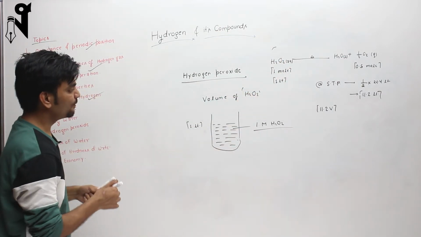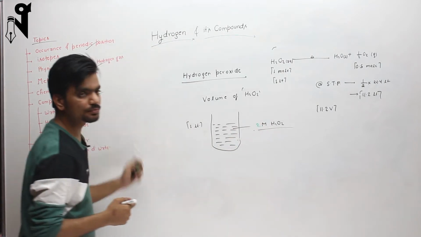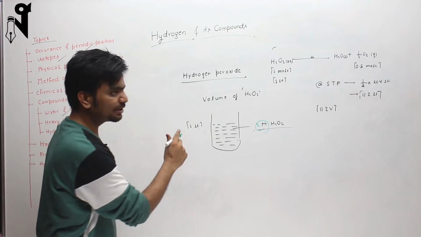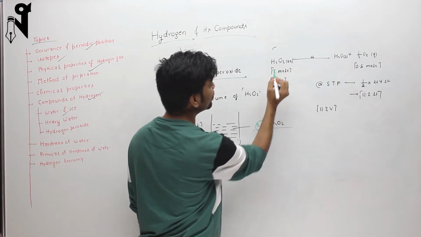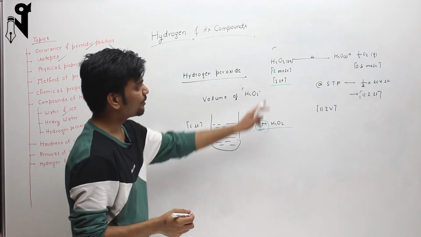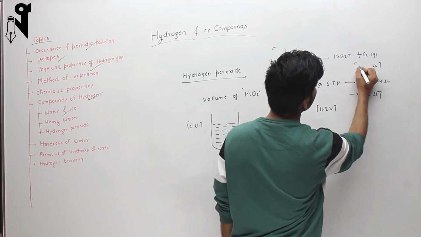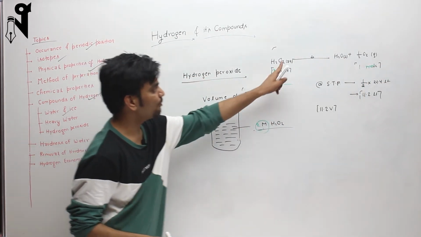If instead of 1 molar, you have a 2 molar H2O2 solution, so 2 moles in 1 liter. Again, if you take 1 liter of solution, there will be 2 moles of H2O2, and from 2 moles you will get 1 mole of oxygen, because from 1 you are getting half.